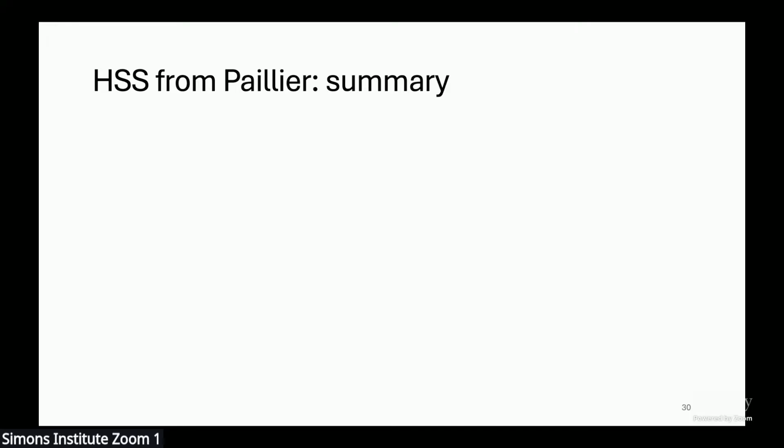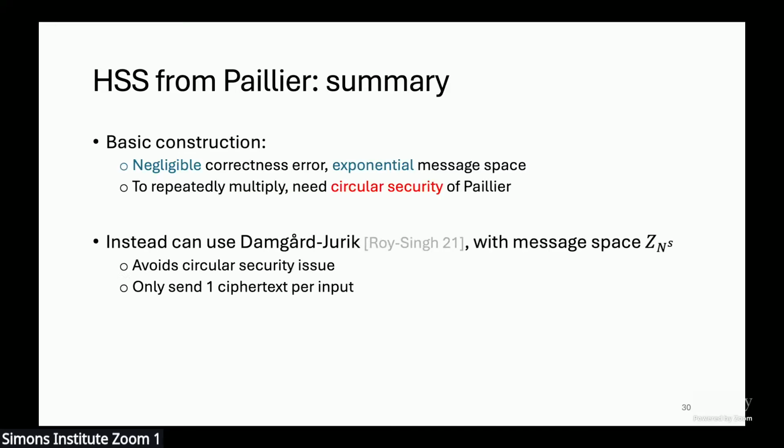Okay, so to recap, for Paillier we can follow basically the same blueprint as the BGI-16 construction from DDH, but now we get a construction with negligible correctness error, and we can even support exponential size messages, arbitrary messages, almost as big as mod n.